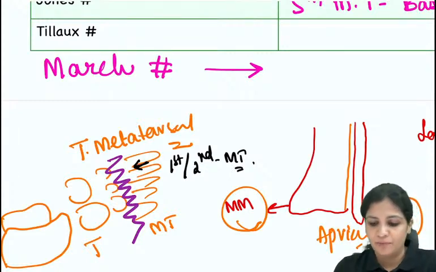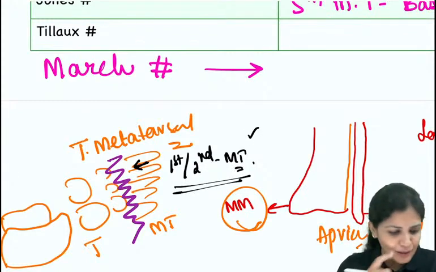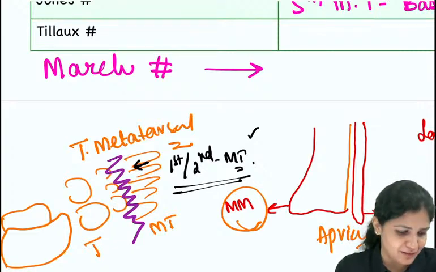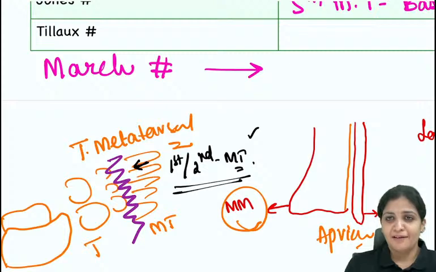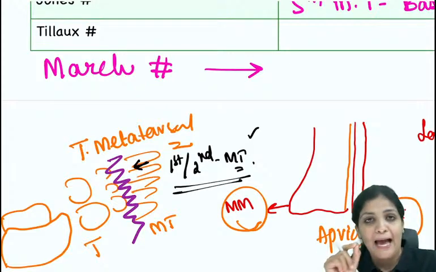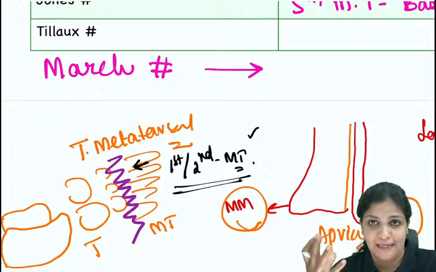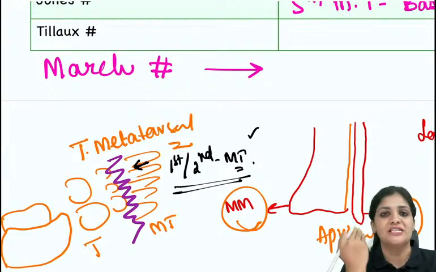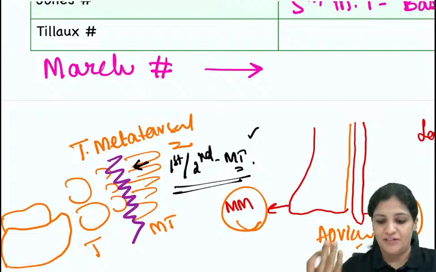Very good. Can you tell me your name? I am not comfortable calling you crumbled paper. So now there is a gap. This gap is seen between the first and second metatarsal on the X-ray. Whenever there is a huge gap, you always have to suspect a Lisfranc fracture dislocation.